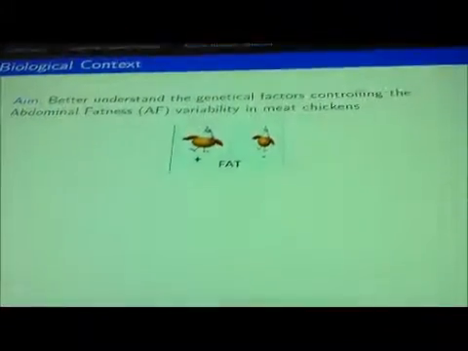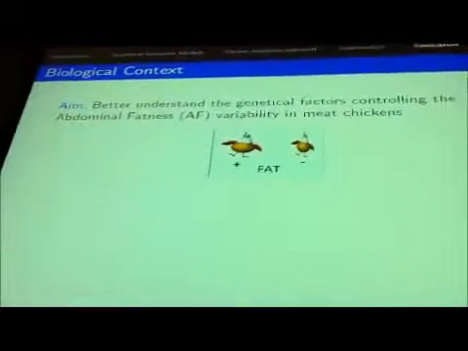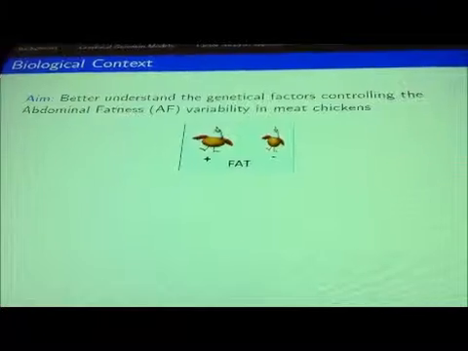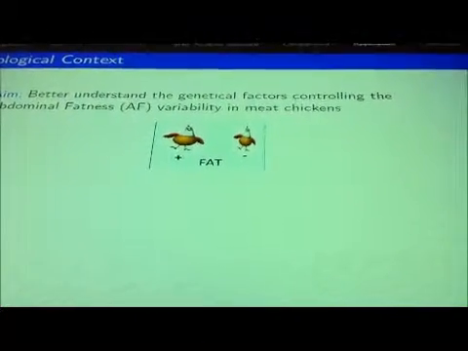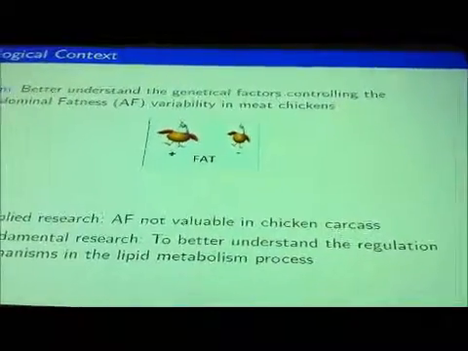Finally, we apply our methods in a study that aims at better understanding the genetical factors controlling the abdominal fatness variability in chicken. Why?